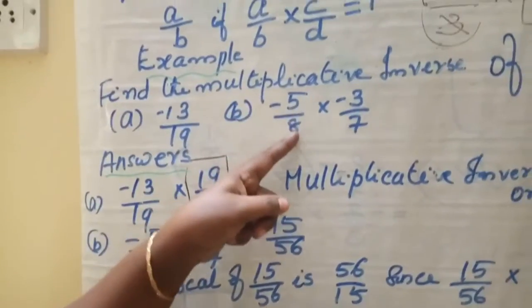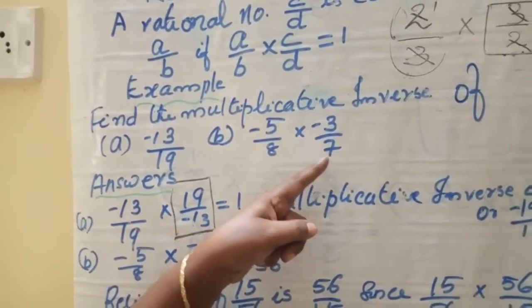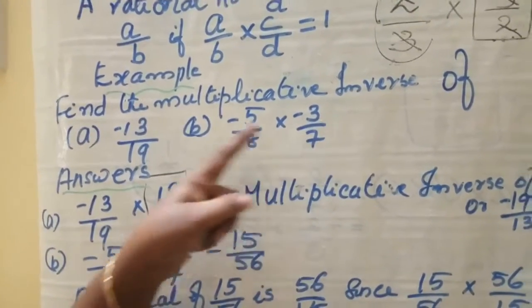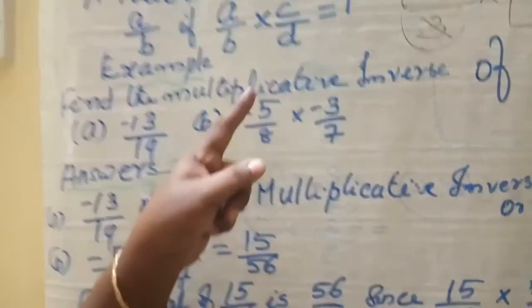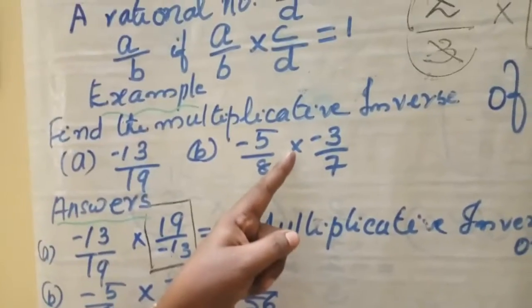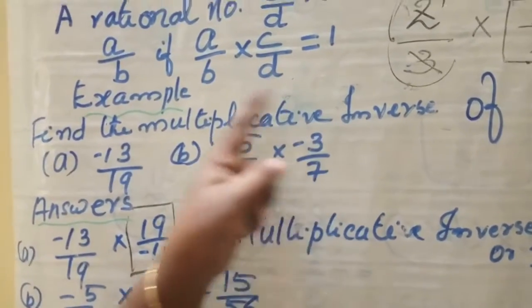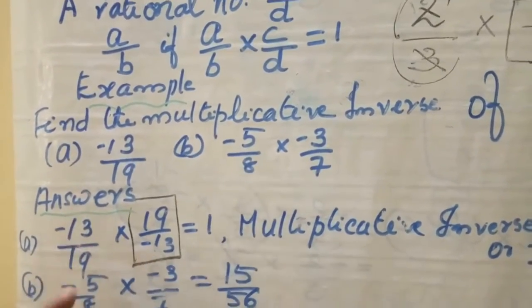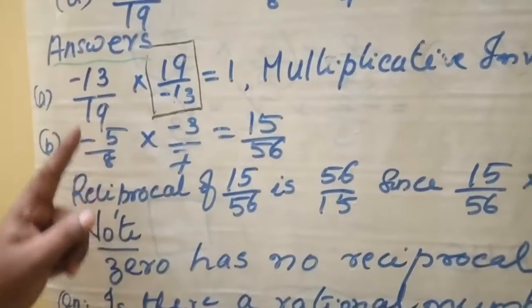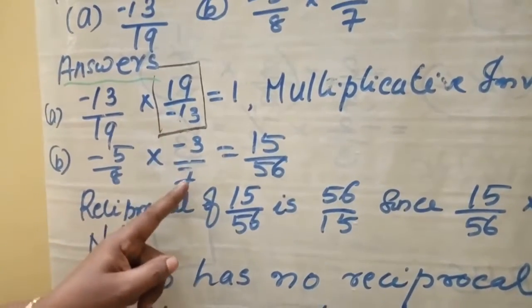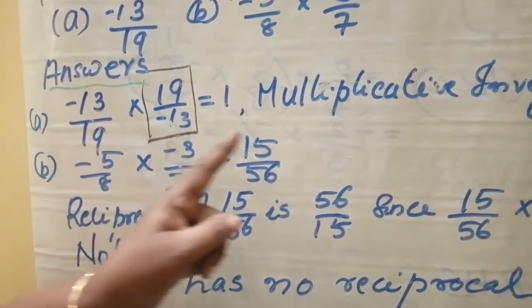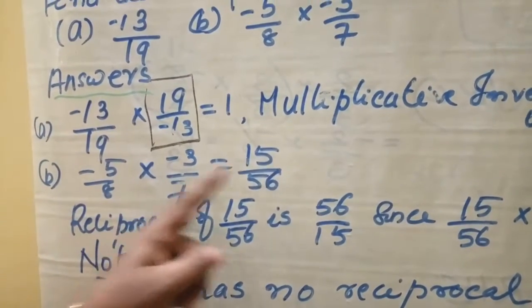Okay. The same way, second question, minus 5 by 8 into minus 3 by 7. Here the method is, this is a very important question. First we do the operation multiplication, then make it a single rational number. So we multiply the numbers. Minus 5 by 8 into minus 3 by 7 means minus 5 into minus 3, that is 15, and 8 into 7, 56.